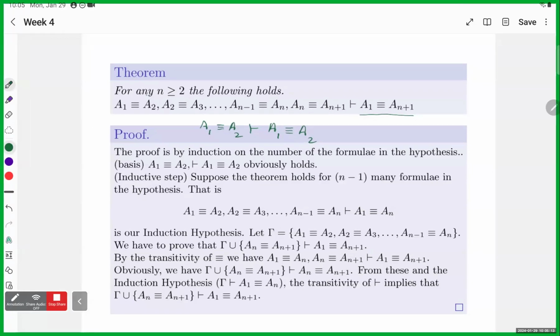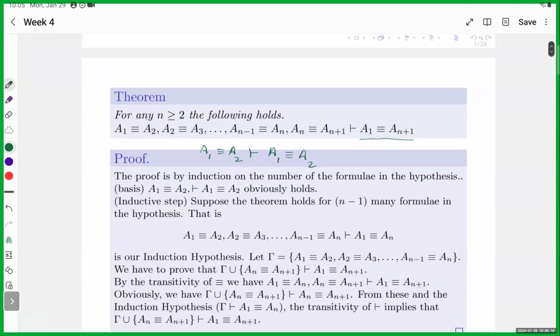All right, so I was explaining, one more time, we want to prove that if you have hypotheses A1 is equivalent to A2, and AN is equivalent to AN plus 1, and so on, then you can conclude A1 is equivalent to AN plus 1.